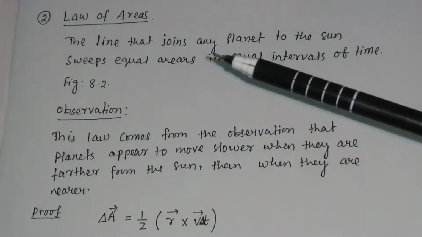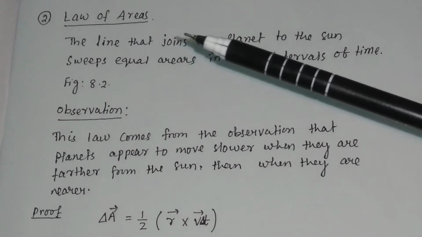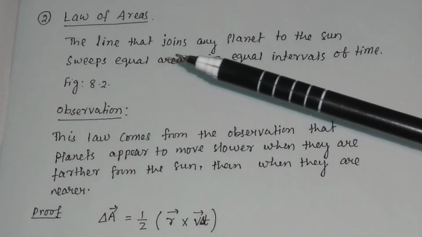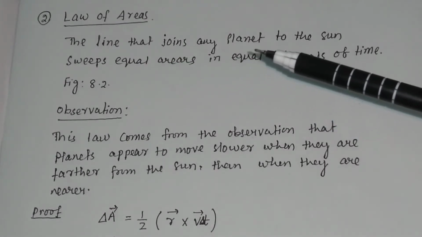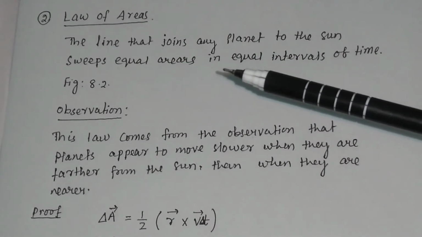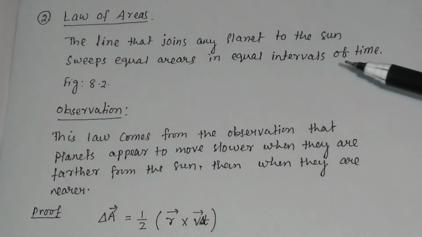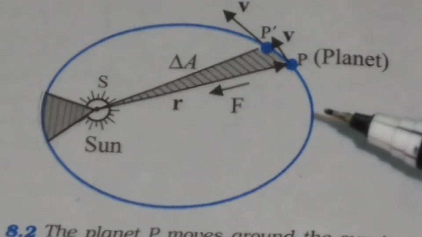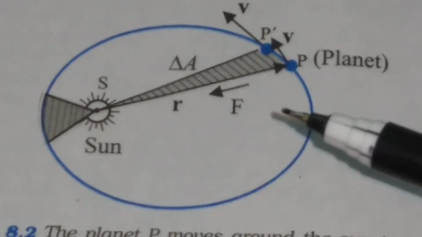Then the second law of Kepler is the law of areas. According to the law of areas, the line that joins any planet to the sun sweeps equal areas in equal intervals of time. So you watch this figure. This is the planet.